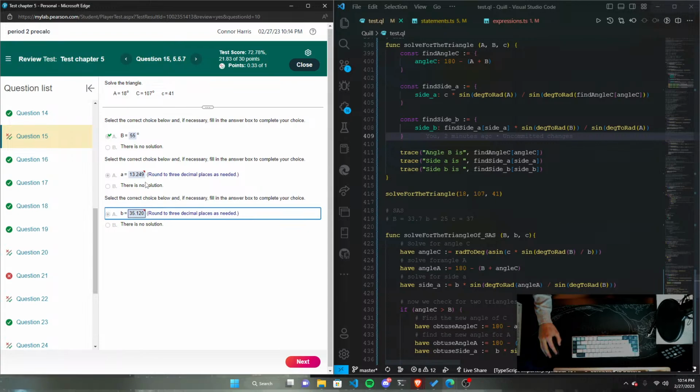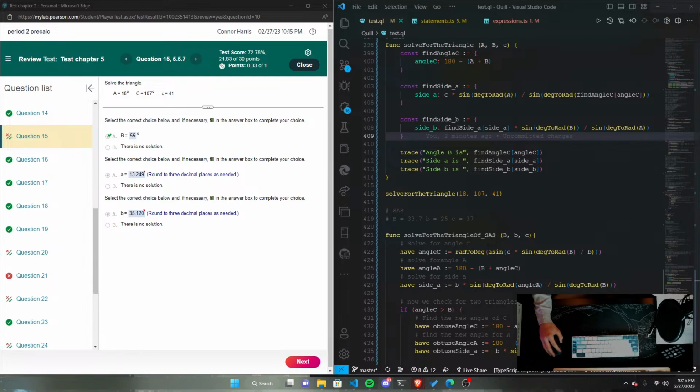Okay, so that means what we could do is use... To solve for... What side are we trying to find? Little a, right? Okay. Yeah, little a. So we know that sine of 18 over little a is equal to, we know c, so sine of 107 all over 41.